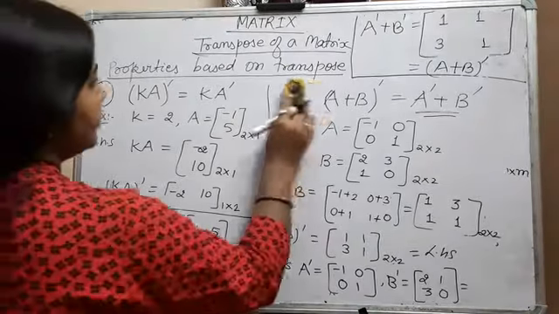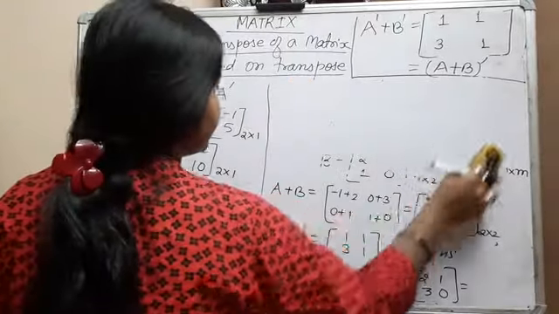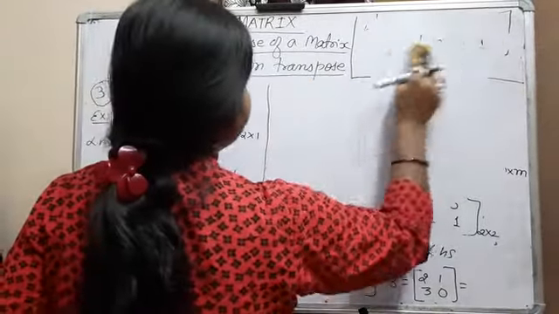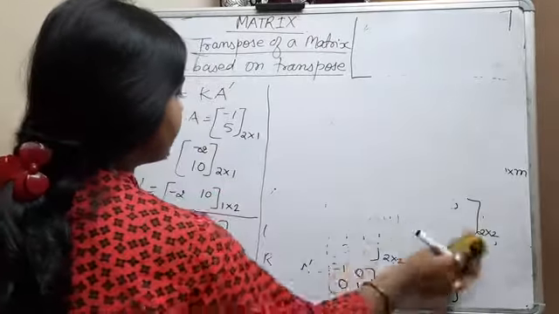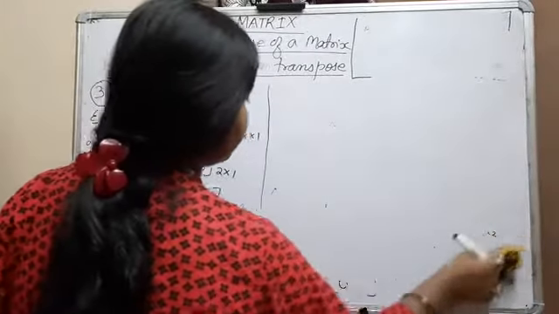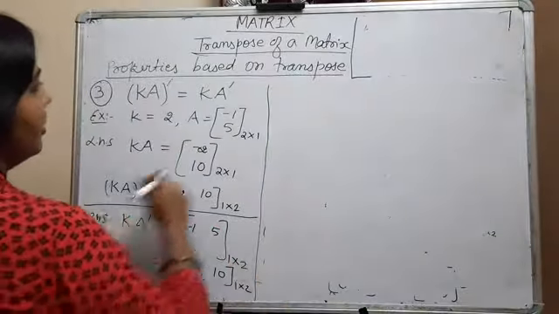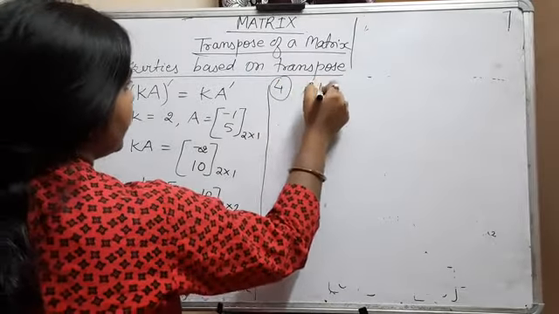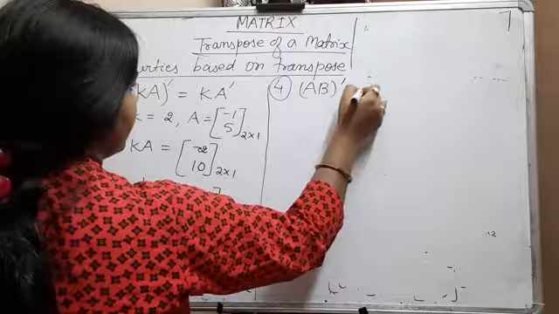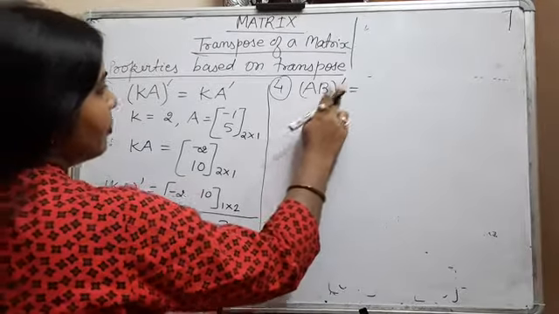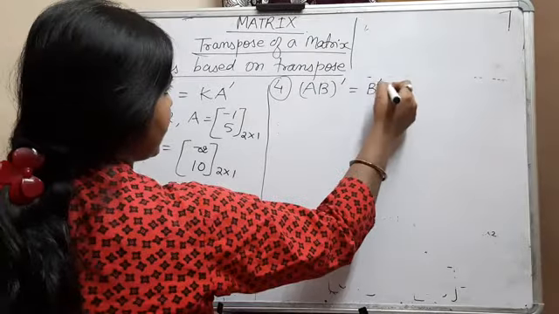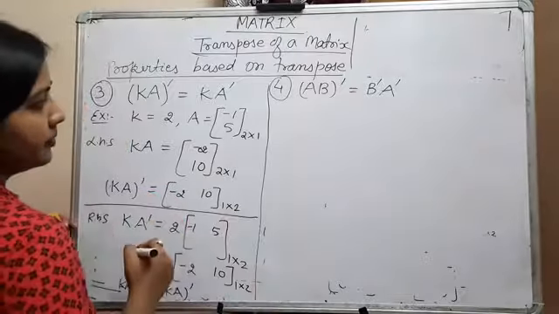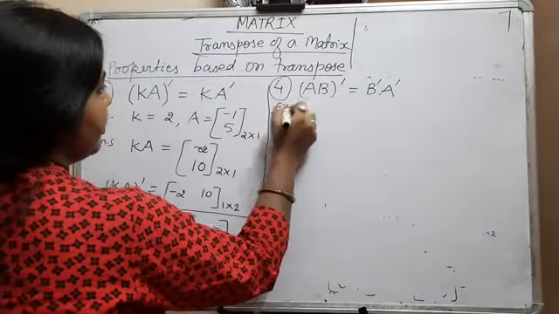So the third property is also proved. Now the fourth property based on transpose is A into B whole dash, the product of two matrices with dash, equals B dash A dash. We will take an example for this.